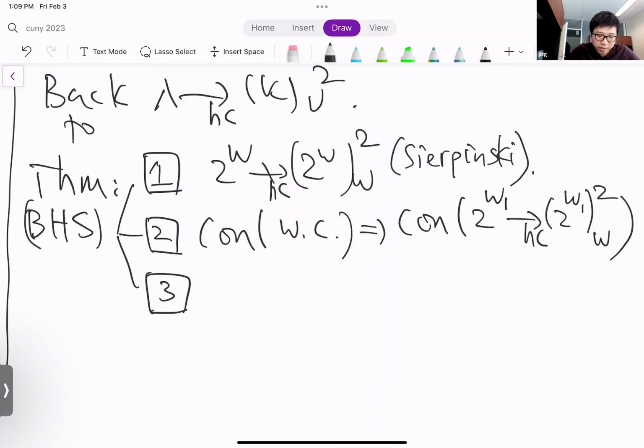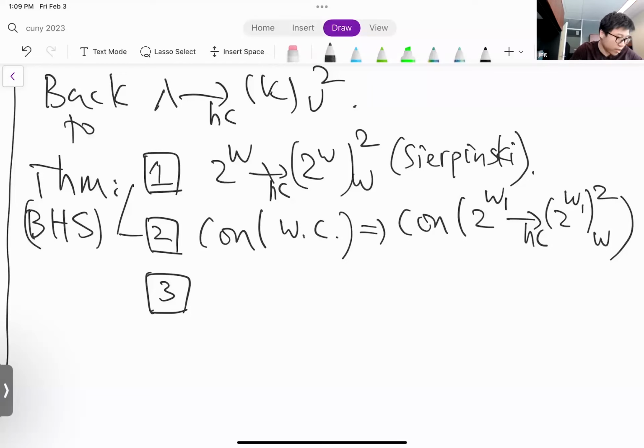If I forget about HC at some point, please interrupt me because I tend to forget about this index a lot. So what this is saying is that the previous theorem is sharp in the sense that if we don't think about the continuum, but instead we think about the power set of 2 to the omega 1, then it's possible that this is true. Actually, the third one is not due to them.